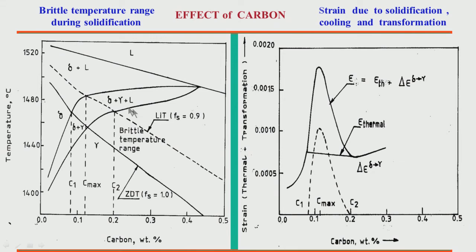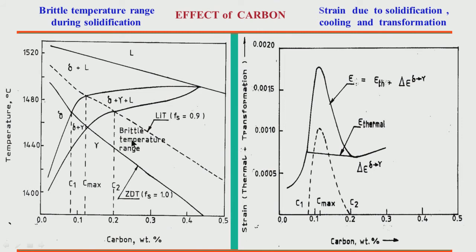Beyond C2, this was the delta to gamma line. Above this is delta plus liquid, here is delta plus gamma plus liquid. So, delta to gamma transformation is completed above this brittle temperature region.